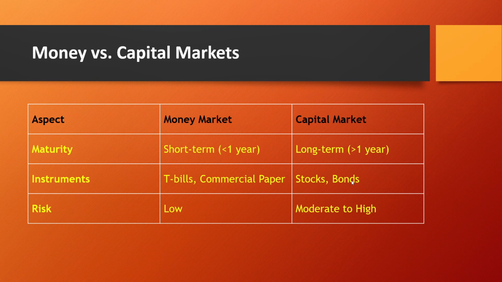Capital markets, on the other hand, focus on long-term investments like stocks and bonds. These are riskier but offer higher returns. For example, if you buy shares of a company, you are investing in its long-term growth. So, whether you are looking for stability or growth, there is a market for you.